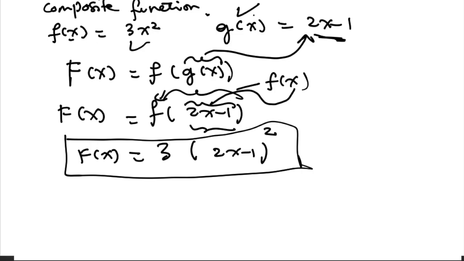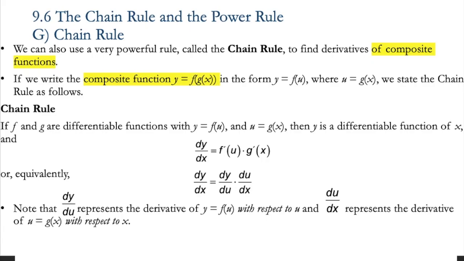Now next, if we have this kind of composite function, how do we find the derivative? So this is our objective now. Go back to our objective. Then we can use chain rule. And there is another rule that can be related to chain rule for this specific composite function, which is the power rule.